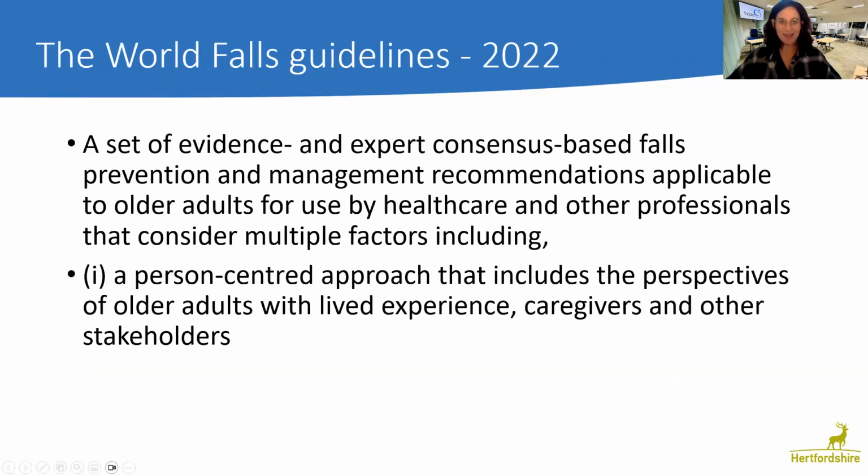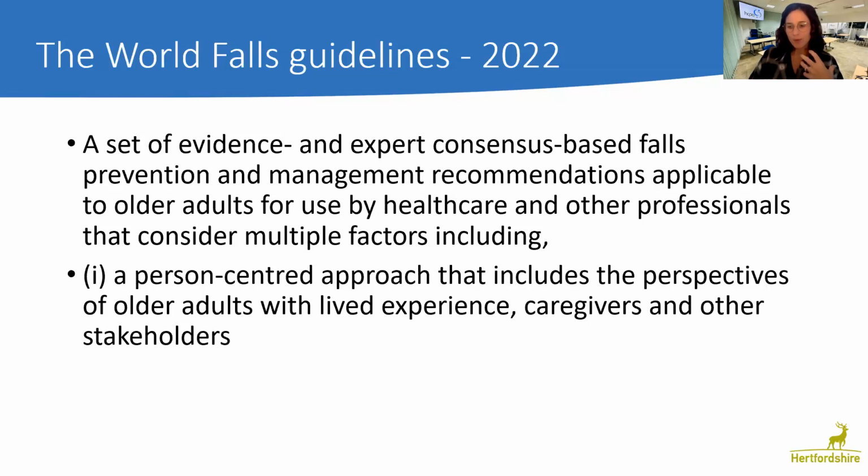Okay, so what is it? You may have seen it, you may have not. It came out in 2022, and it's a set of evidence and expert consensus-based falls prevention and management recommendations applicable for older adults, for use by healthcare and other professionals. It considers lots of things, but one that I really loved is a person-centered approach, and that includes the perspectives of older adults with lived experience, caregivers, and other stakeholders.